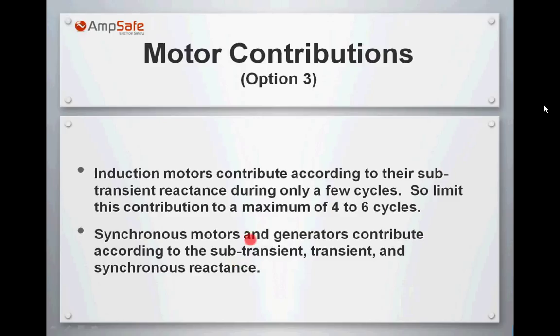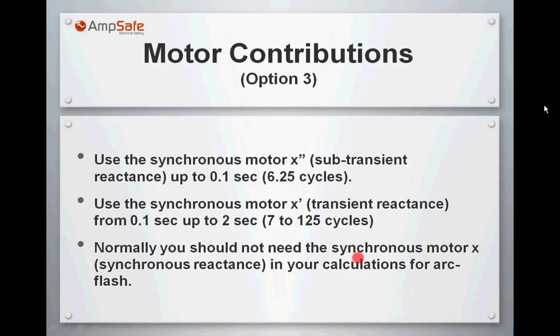So when you are dealing with a synchronous motor, the sub-transient reactance will be in for about 0.1 second, which is 6.25 cycles. And the transient reactance will be up to 2 seconds, from 0.1 to 2 seconds, okay? And of course, you will not include the synchronous reactance because it's only valid after the 2 seconds.